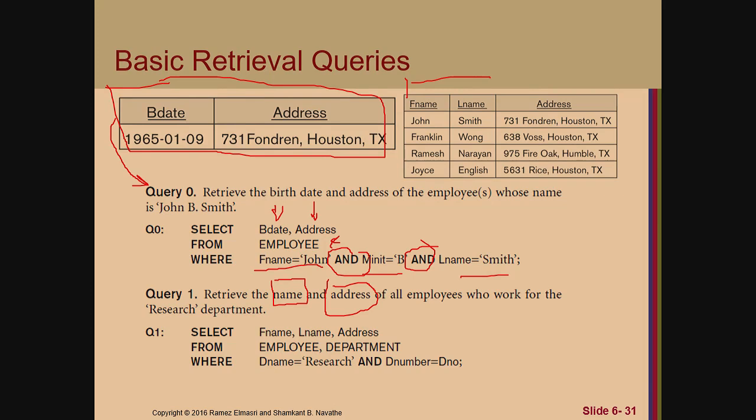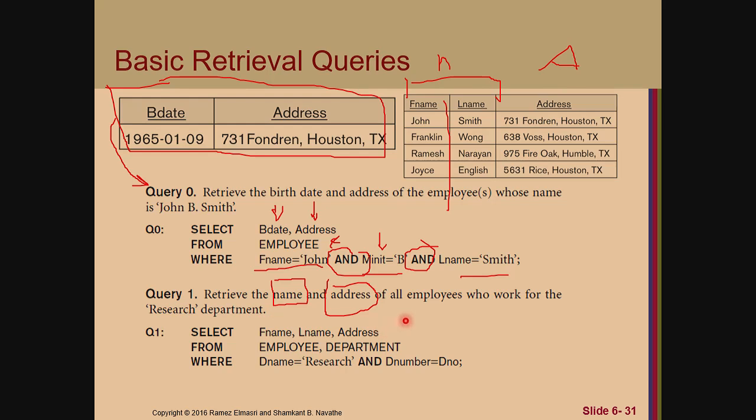First name and last name is the name, and here is the address. But actually we have other information, the middle name. If you want to show it, you just add one more column, that's fine. Okay.